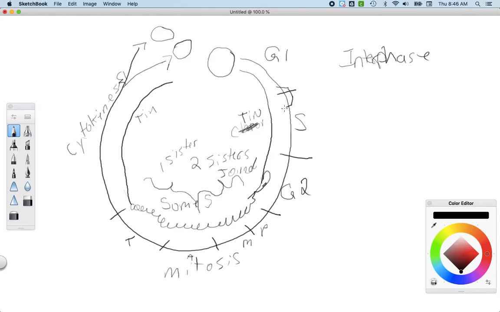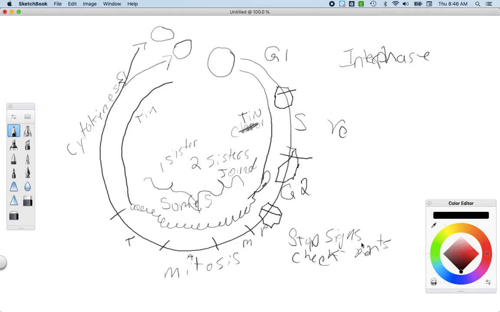What we learned from this last section is that all along this pathway there are places where there are stop signs. And pardon me, I cannot draw stop signs. Hexagons are not my forte. Those stop signs we'll call checkpoints.